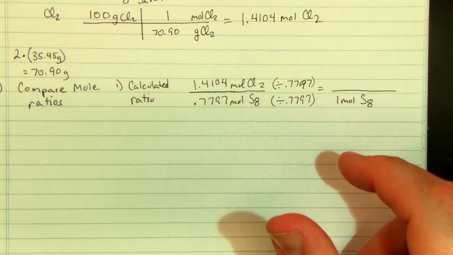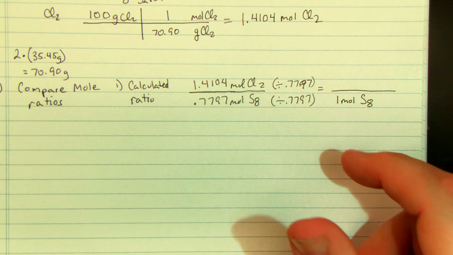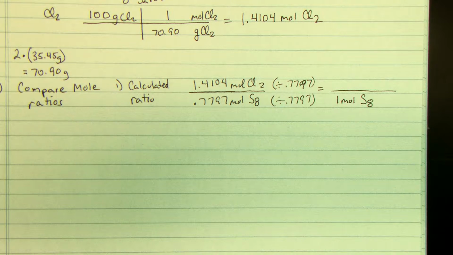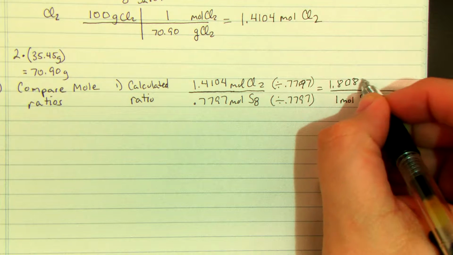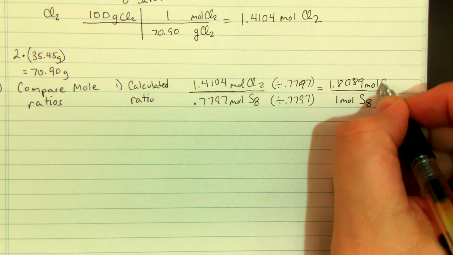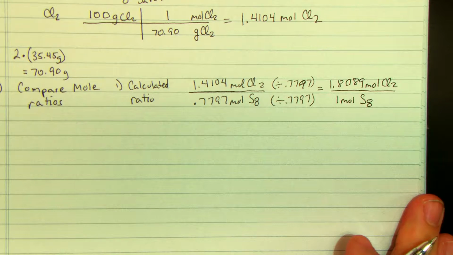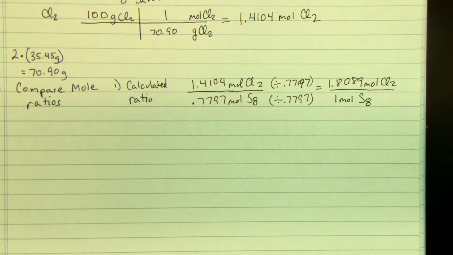Now in the top, I'm going to take that 1.4104, divide that by 0.7797, and I'm going to get 1.8089 moles of Cl2. Now, all right, so that's the calculated mole ratio.